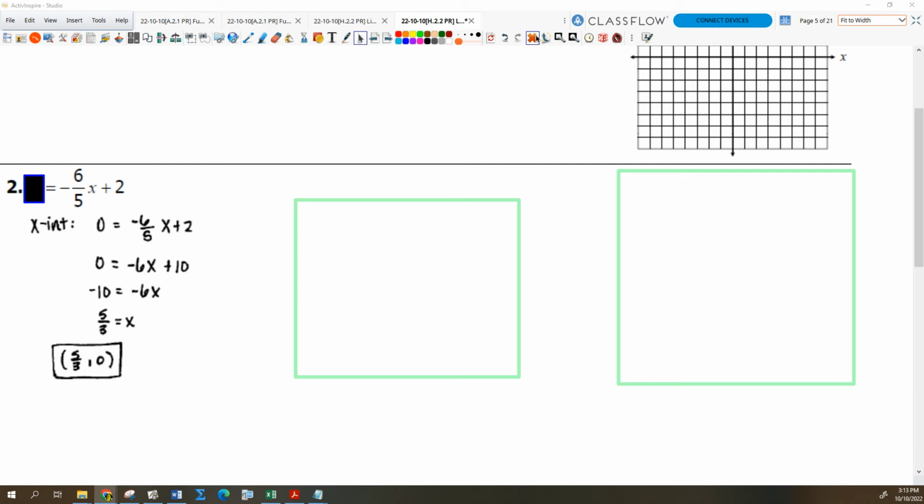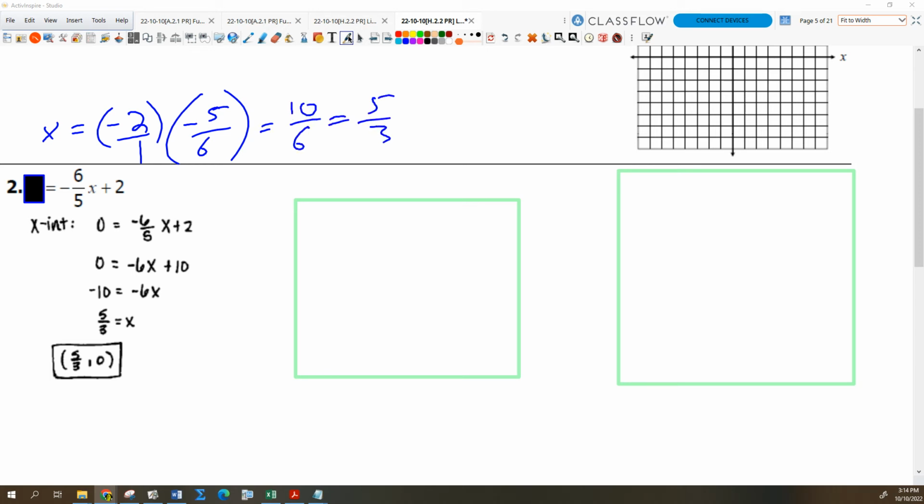Because if I solve for X here, aren't we just going to get X equals negative 2 times what? How do I undo multiplying by negative 6/5? Multiply by the reciprocal, negative 5/6. Okay. So negative 2 over 1 times negative 5/6, if I multiply straight across, is positive 10 over 6, which is 5/3, right?